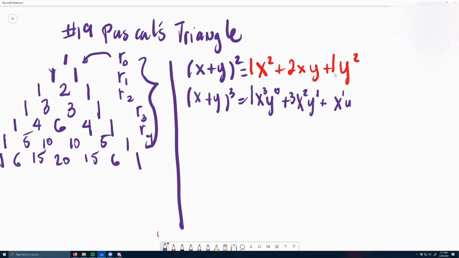How about the y? What's the power on the y now? 0. Look at the y. Look where the y started. 0, 1. 2. It has a coefficient too. What is it? I don't know the coefficient to that.